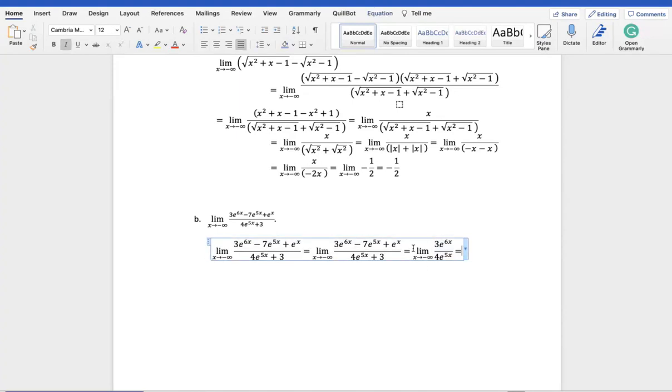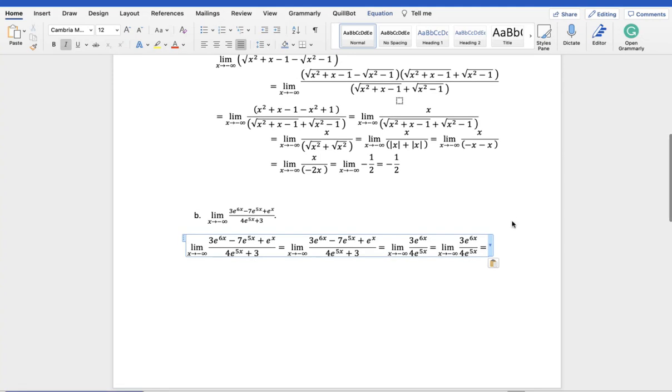So then you can simplify this further by subtracting 5 from the exponent, getting rid of the e to the 5x there, and subtracting 5 from the 6 there. So you have just x left. Basically simplified.